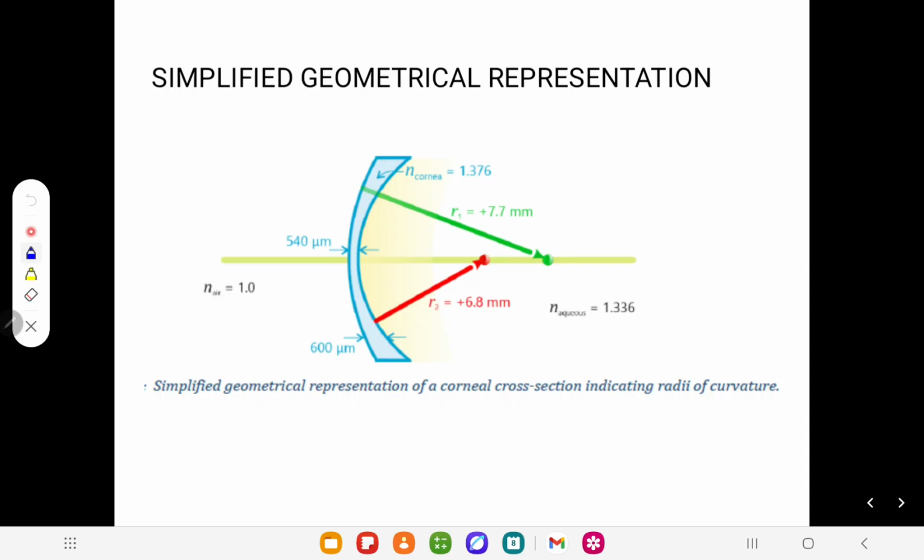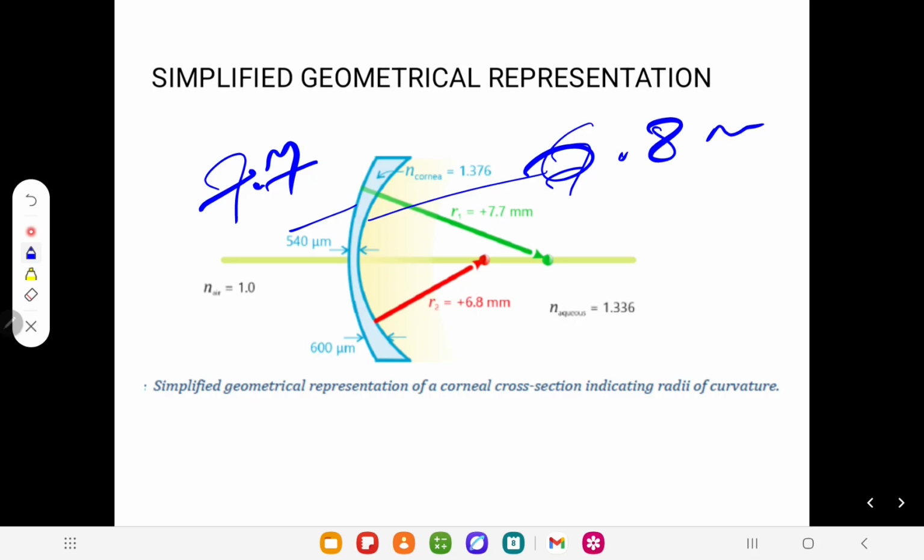So here in this picture, I want to tell you the best thing that you have to understand. Front surface, I told you, is 7.7, isn't it? Back surface, I have told you, 6.8 mm. Just think about it.